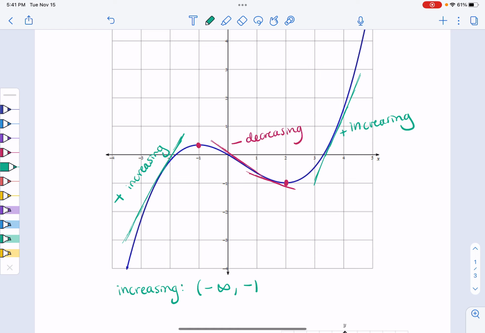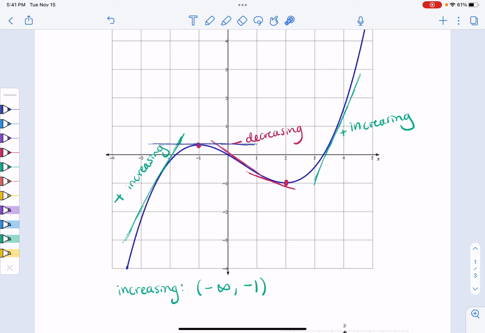Now we need to determine, do we want parentheses here or do we want a bracket? When we're increasing, let's think about that line that I've been drawing. If I drew a line right at that point that touched it, that line is going to be flat. So that means that I am no longer increasing, nor am I decreasing. So I am not including that turning point. I need to put parentheses right there, all right?